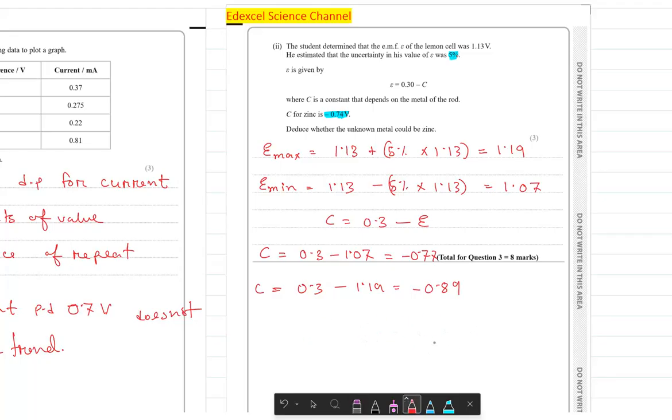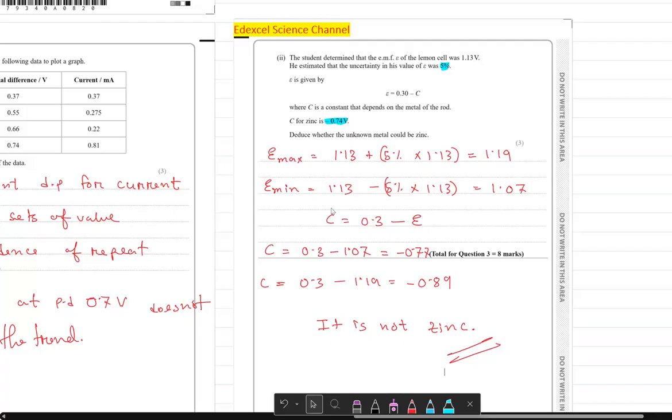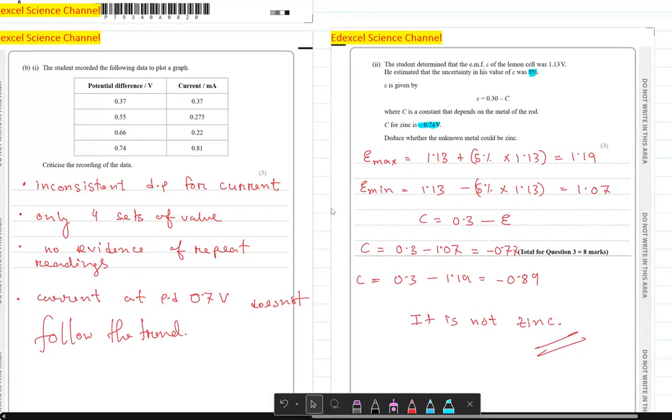Now, if you notice, guys, none of these values is close to negative 0.74. So we are not sure if it is zinc. So we can just say that it is not zinc.